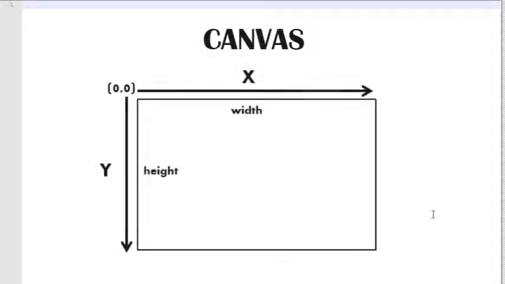So the first thing I want to cover is canvas. So basically a canvas is a rectangular box where you can draw things, draw a picture, draw a rectangle, and draw text. And this is the support, the visual support that we will use with our game. In order to add a canvas into our page, we will need to use this line of code.